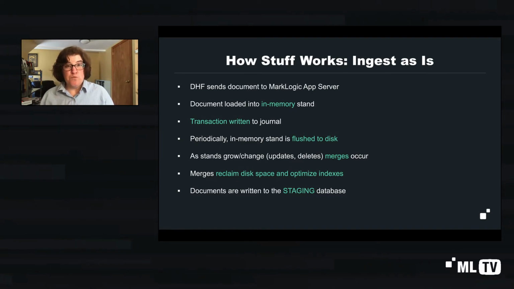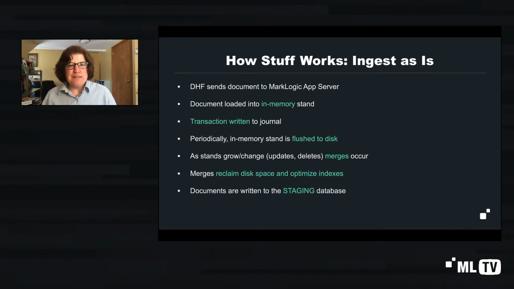So the Data Hub will send the document to a MarkLogic app server. The document is loaded into an in-memory stand. And if you recall, the segments of our data on disk are called forests. Forests are made up of individual stands, basically smaller containers of data.